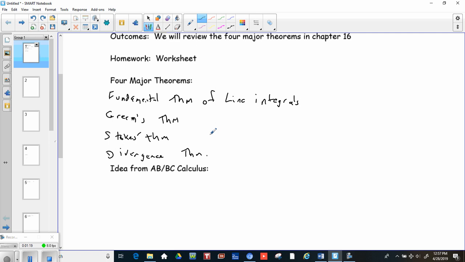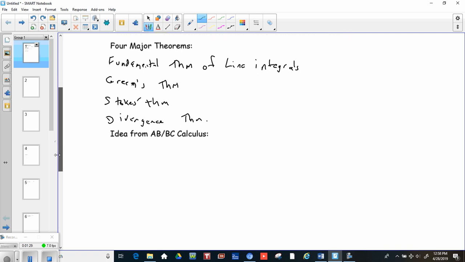So what I kind of want to do is take this back to give you a little more understanding of what's actually happening with all these things. I want to take you back to the general idea behind calculus AB/BC, stuff that you technically learned in probably the AB portion. Might not be until Calc 2 if it was in college, but still the AB portion of AB/BC.